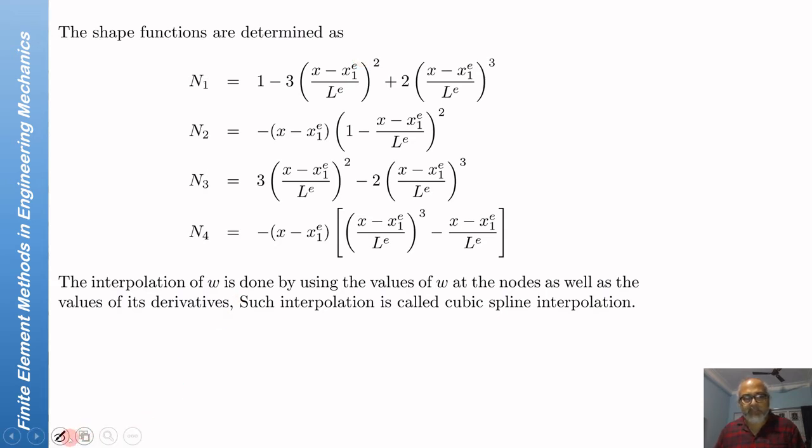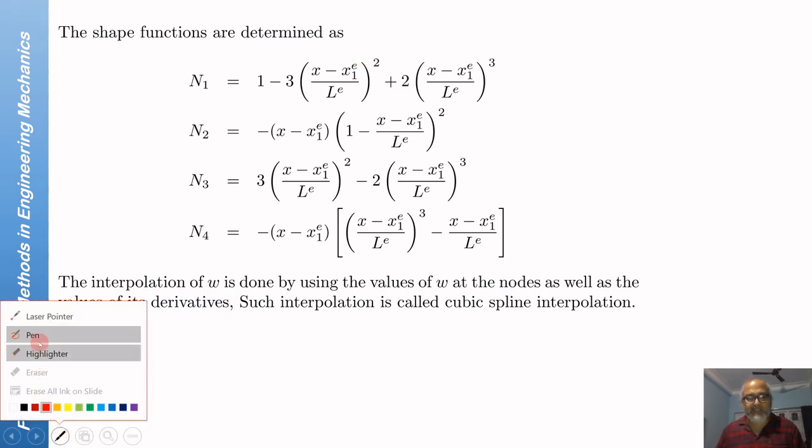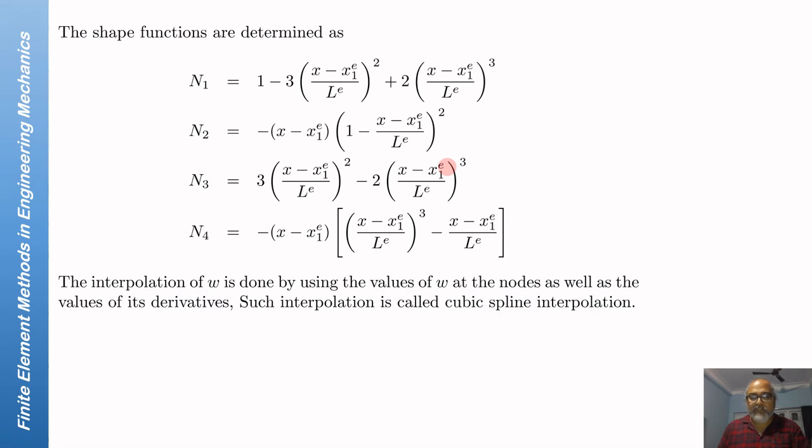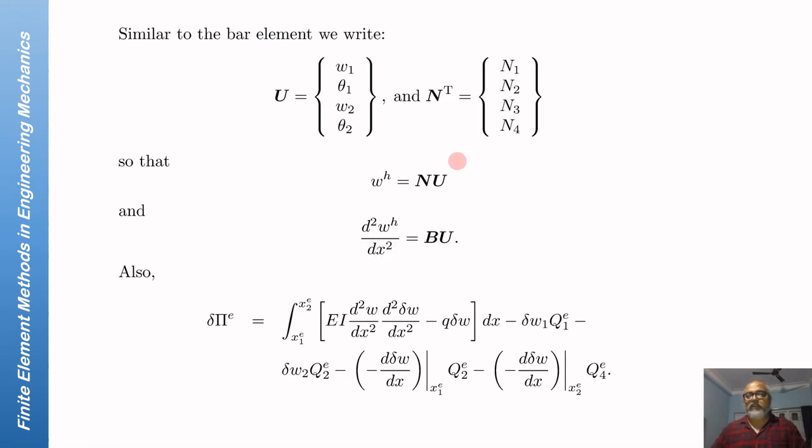Now the remaining process is quite similar. So we write WH as n times u. So n is the matrix that is connecting the displacements, the vertical displacement at any point inside the element to the nodal displacements. In this case, remember the nodal displacements are two vertical displacements and two rotations.